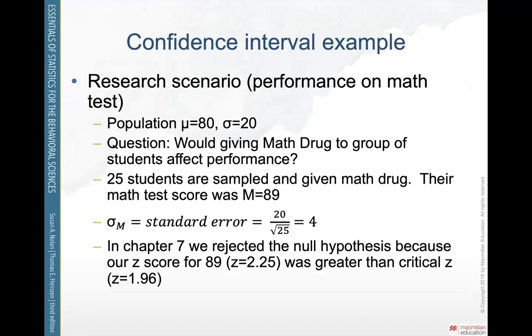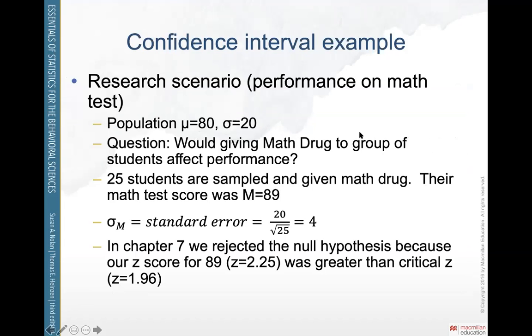So here's the example that we're going to use for our confidence interval. This is the exact same example that I showed you earlier from chapter 7, except instead of doing the hypothesis technique from chapter 7, we're going to just make a confidence interval for the exact same example. The population mean was 80. So these are the people that got 80 on the math test when they did not take math drug. The standard deviation was 20.